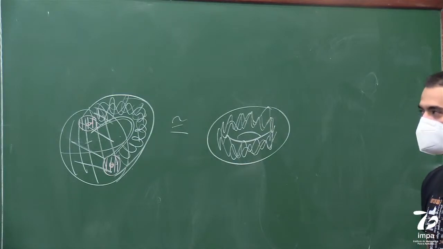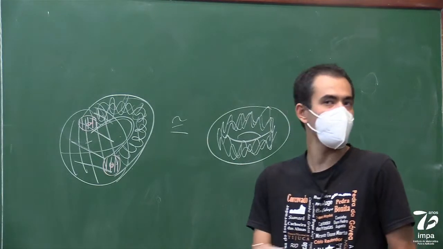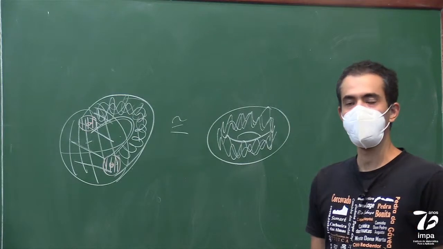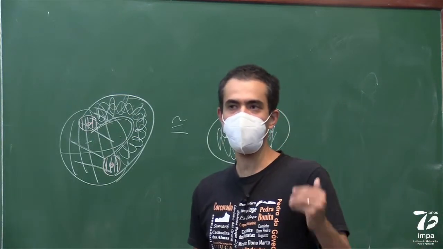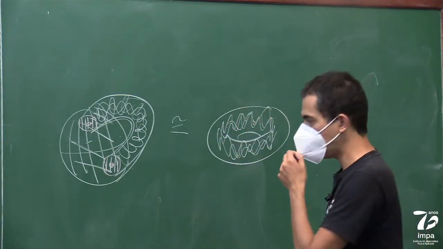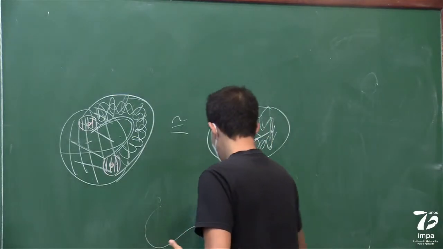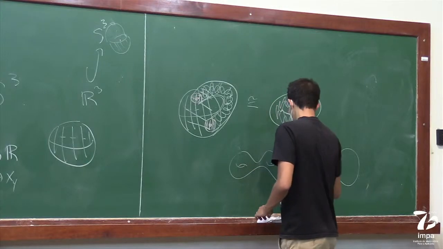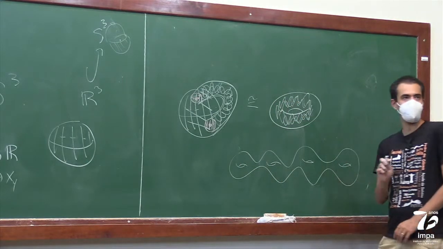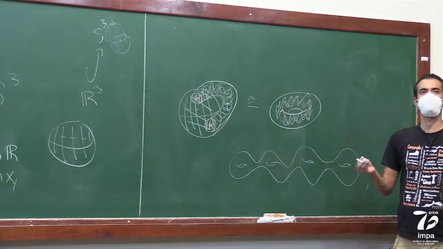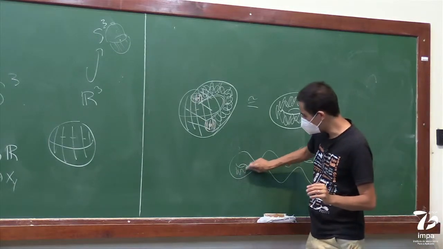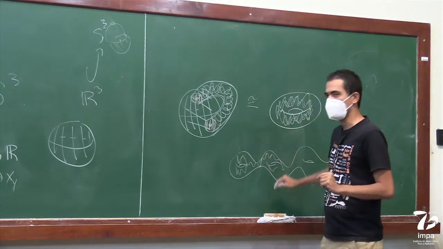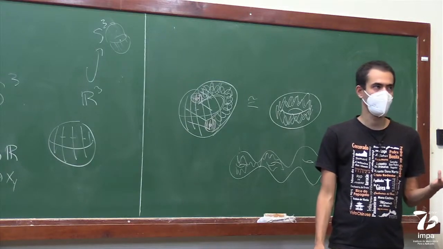And okay, so now you put one, and now you could put a lot of them. If you just keep adding one handles, what you obtain is what's usually called a handle body, which looks like a genus G surface, but it's filled in. So it's a genus G surface with the interior. So it's a 3-dimensional manifold.